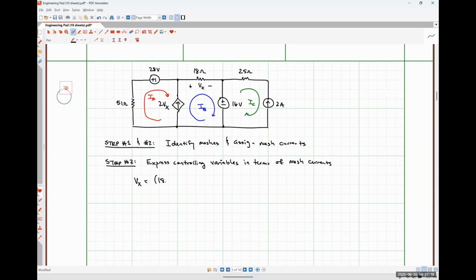So what's the mesh current flowing through the 18 ohm resistor? IB. IB, exactly right. Whenever we have a resistor that's on the edge of the circuit, like the 18 ohm resistor, we're only going to have one mesh current flowing through it. So that's why it's just IB in this case. Thank you for that.